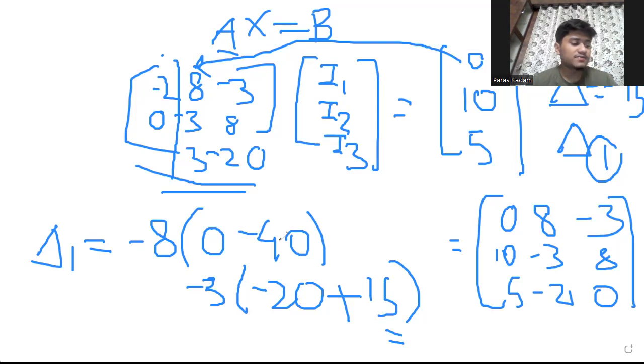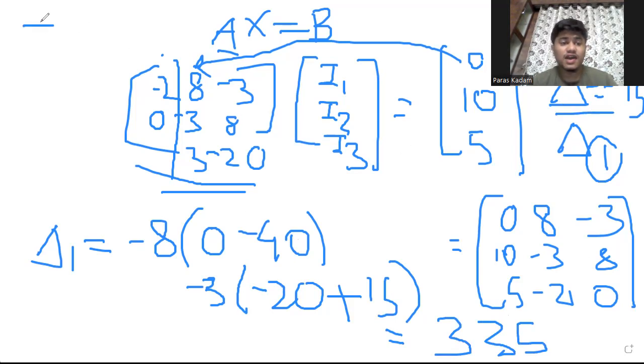We are getting the answer as 335. Minus 8 into minus 40, 320. Okay, we are getting 335. Now this is the value of delta 1 and we have got delta.